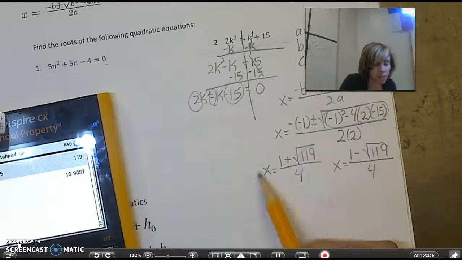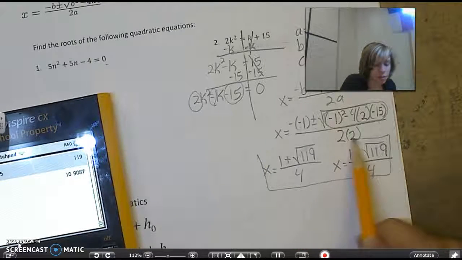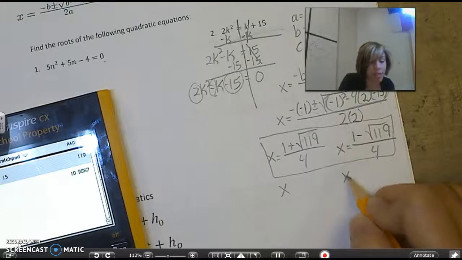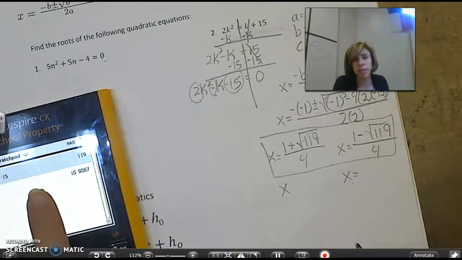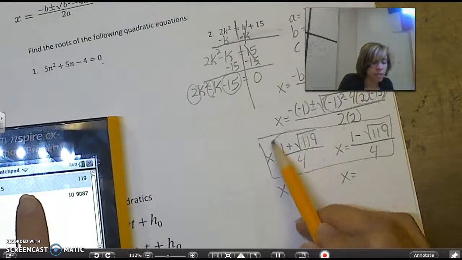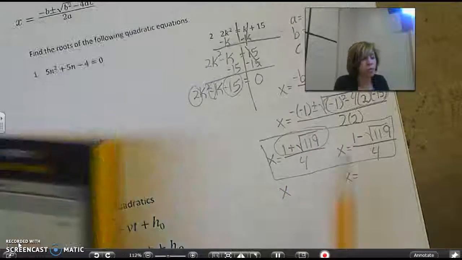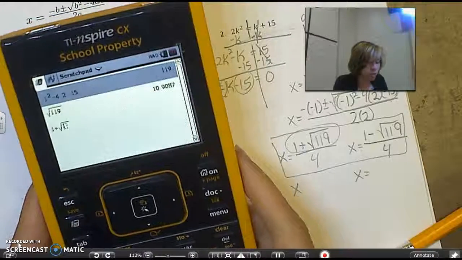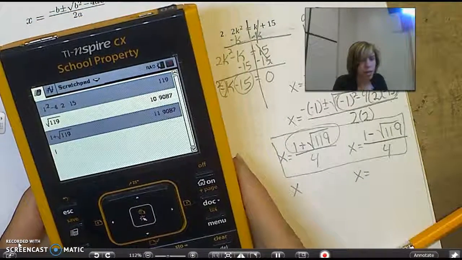So you might see your answer like this, or you might see it in decimal form. To get the decimal form, I want you to take this number up above, put that in your calculator first. So you're going to put 1 plus second square root of 119. Find that number.